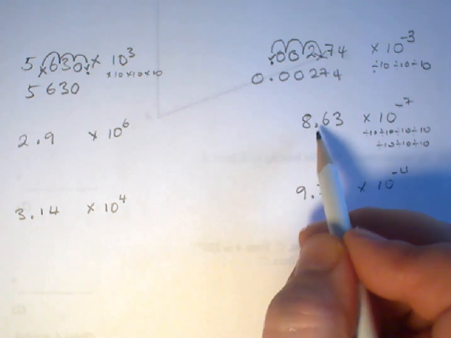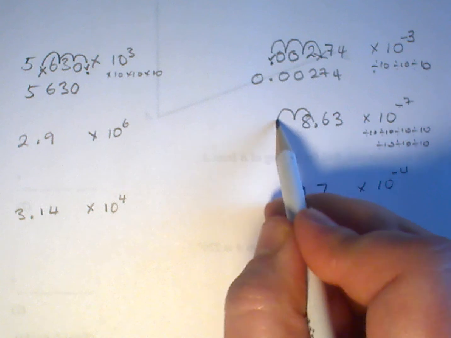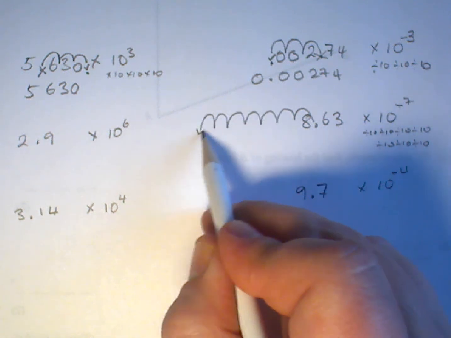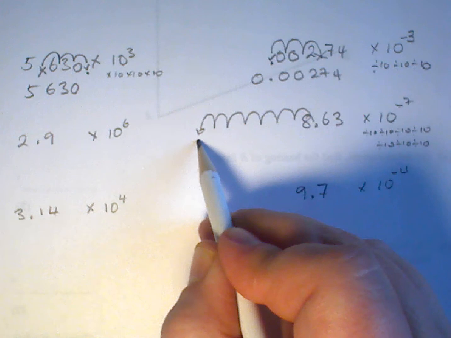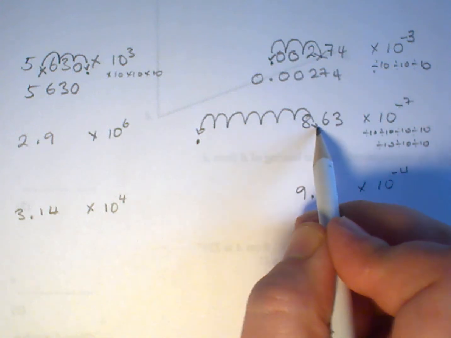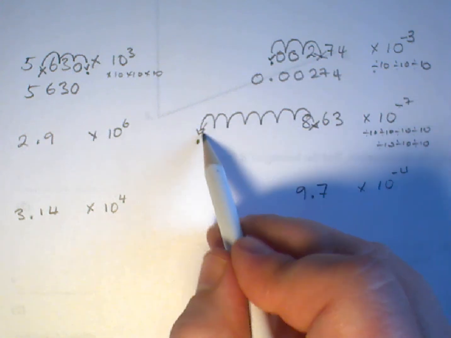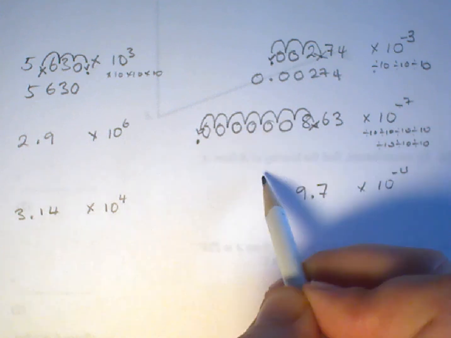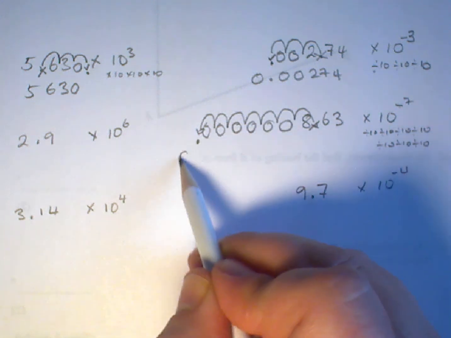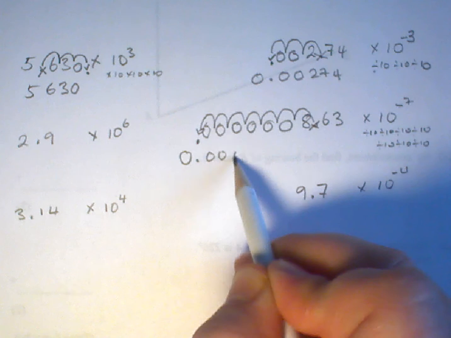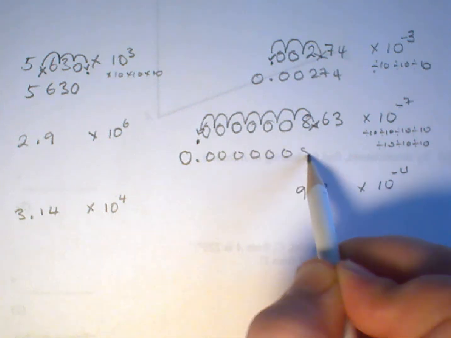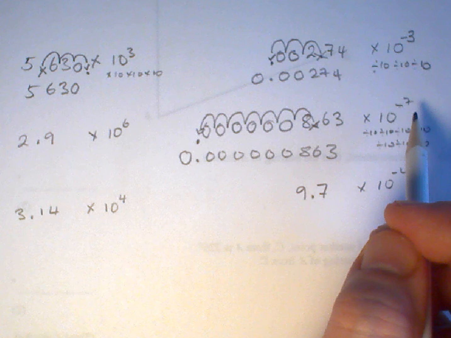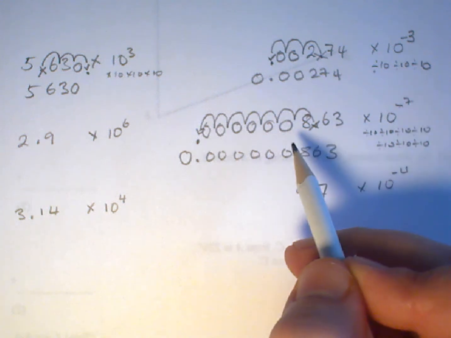Okay, so this will be going 1, 2, 3, 4, 5, 6, 7, and the decimal place is going to arrive here. And I need to get rid of it from here, and I need to introduce some zeros to show where the place value of the 8 is, and I'm going to write it again neatly. And I'd also like to just quickly make the point that we had 7 jumps, but one of the jumps took us over the 8.